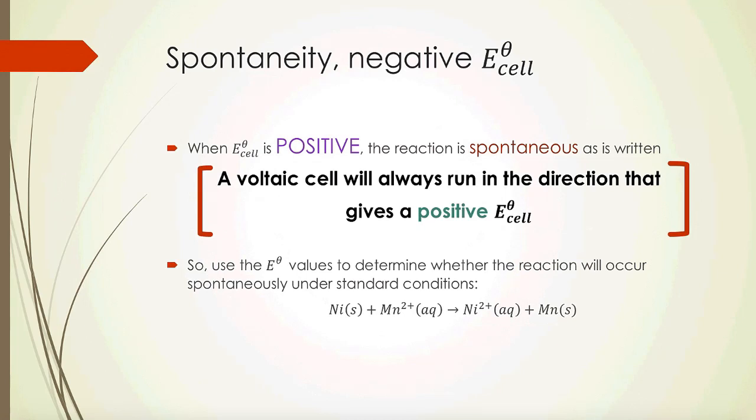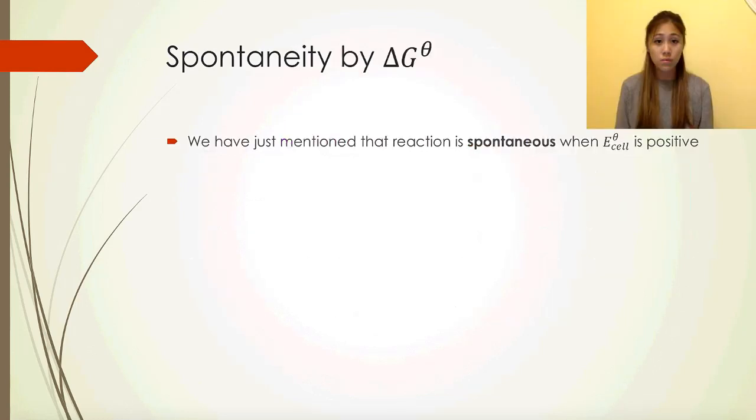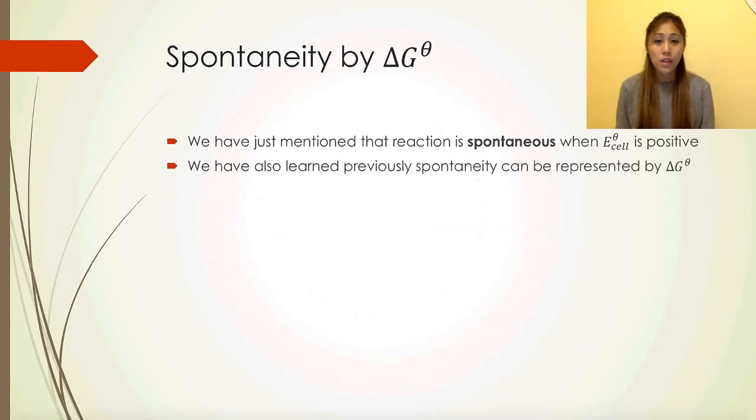You're going to be like, well, you just told me that Gibbs free energy, delta G, when it's negative, it's spontaneous. So how can this be positive and be spontaneous? That's kind of counterintuitive. That's because when you look at the Gibbs free energy with respect to the cell potential, it's in this equation.